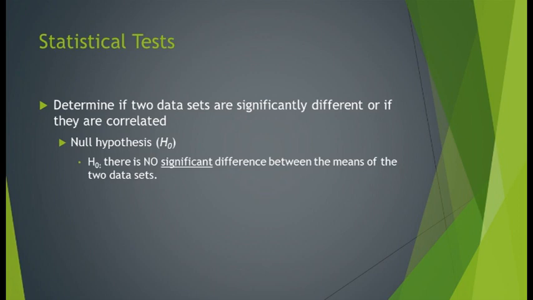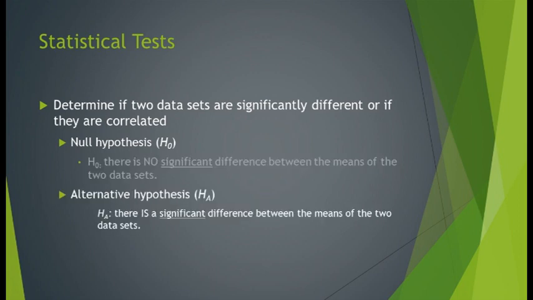That is, they are independent of each other. An example of this would be to state that there is no significant difference between the means of two data sets that you are comparing. We'll see more of that later. The alternative hypothesis accounts for all other possible outcomes, meaning that there is a significant difference between the means of the two data sets you are comparing.